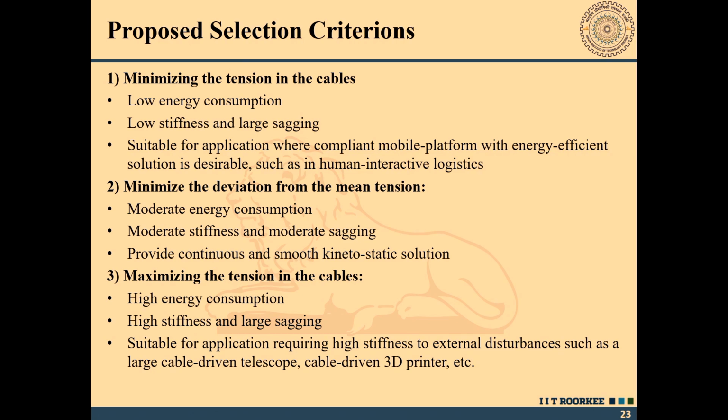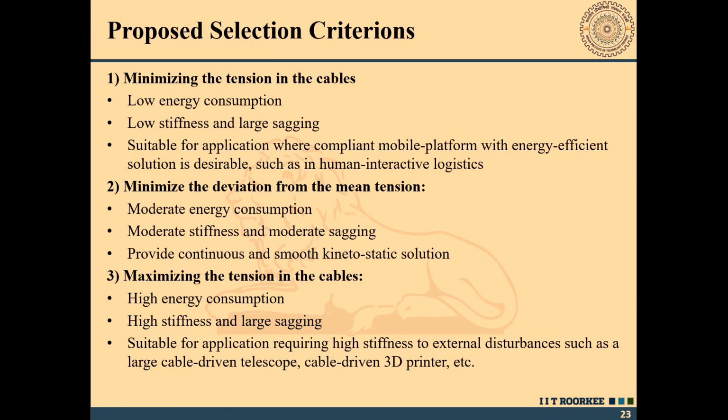So, one is minimizing the tension in the cable, and of course, this selection criterion is valid if you need to have low energy consumption, low stiffness and large sagging, suitable for applications where a compliant mobile platform with energy solution is desirable, such as human interactive logistics.